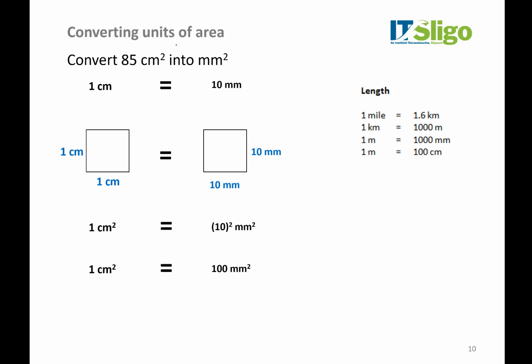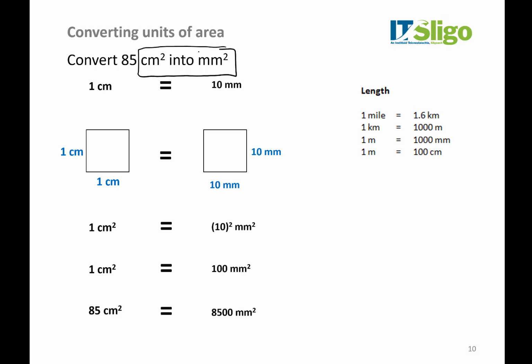So now, guys, we have our base relationship. And you'll find that's where all the work goes. In any kind of exam scenario, 80% of the marks at least would go for establishing that. 1 centimeter squared is 100 millimeters squared. And now we just multiply both sides by 85.